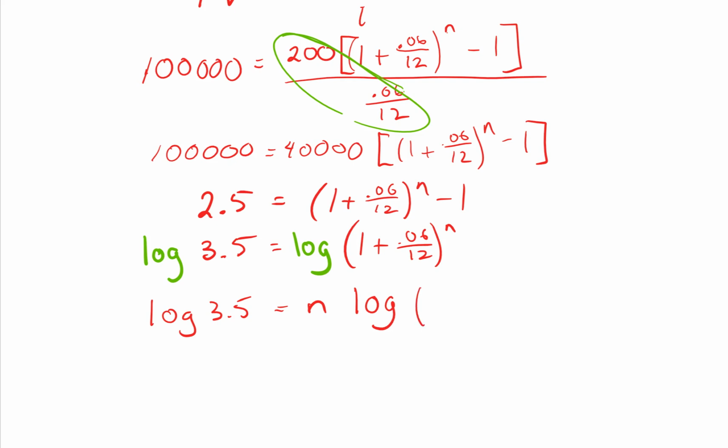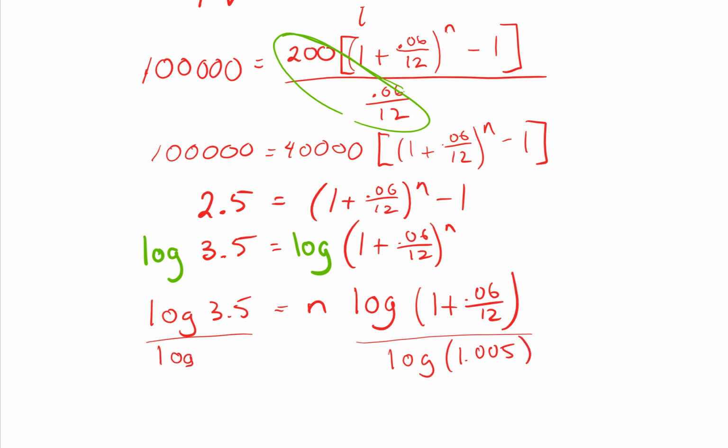Like so. All right. Now what? Well, I need to divide by all of this stuff. Okay, and I think that works out to 1.005, so I'll just write that short now.